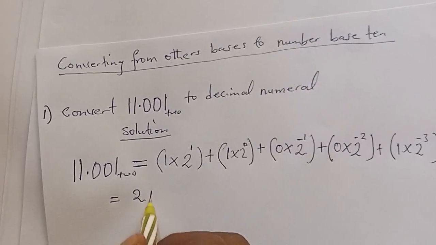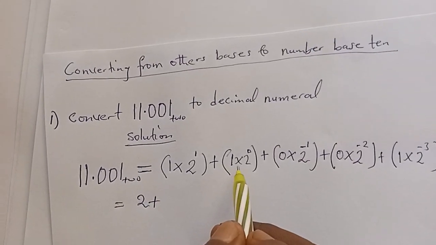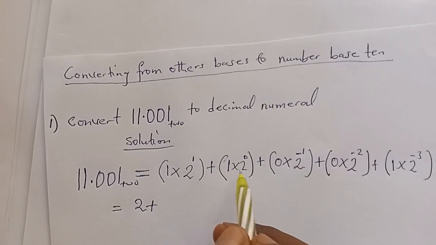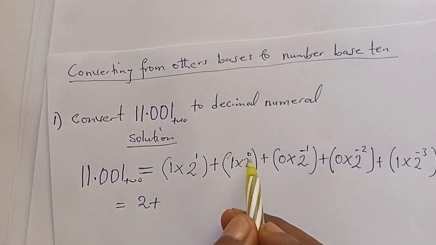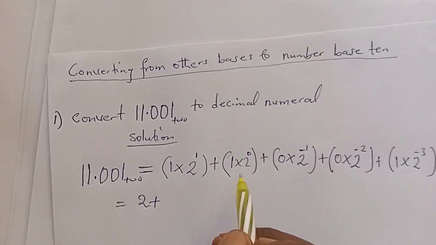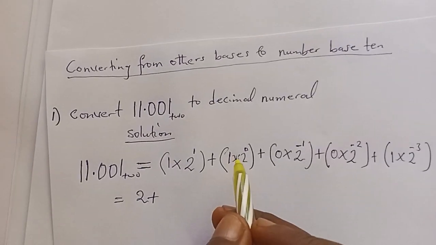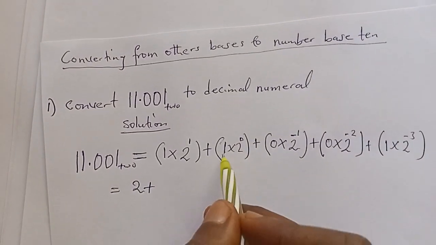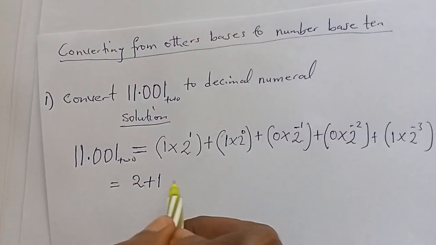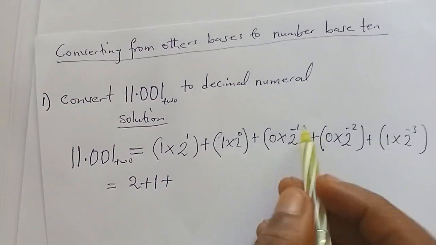The next one we say plus 1 times 2 to the 0 power. Anything to the 0 power is 1. 100 to the 0 power is 1, 1000 to the 0 power is 1. So 2 to the 0 power is 1, then 1 times 1 is also 1.